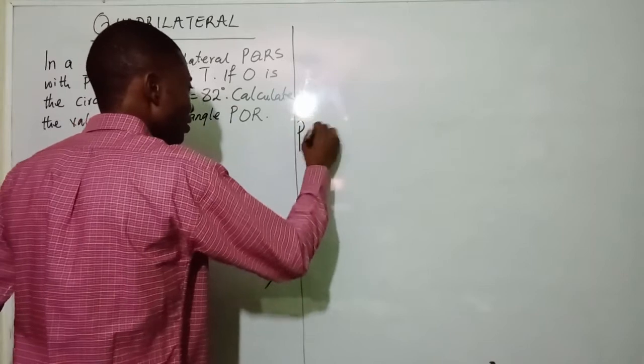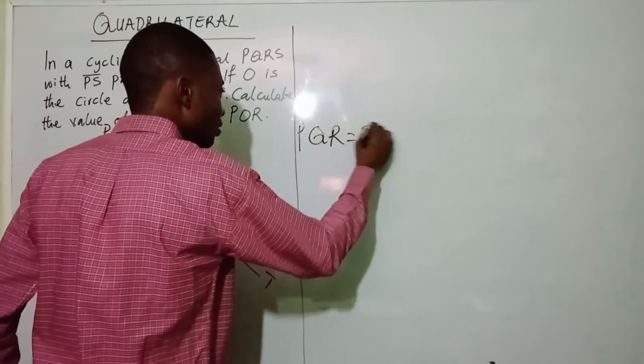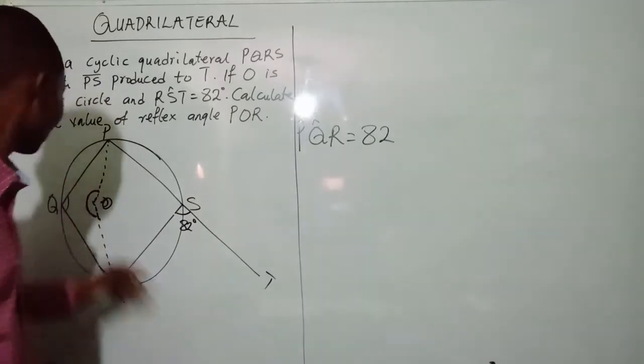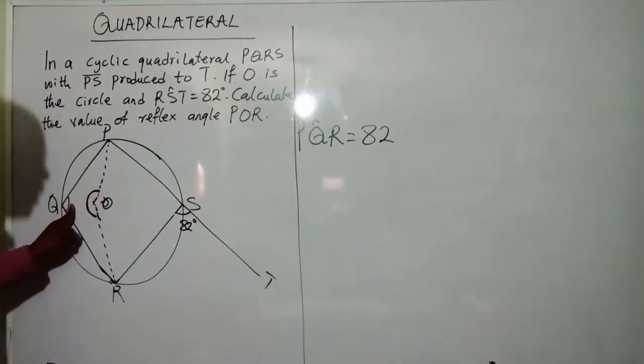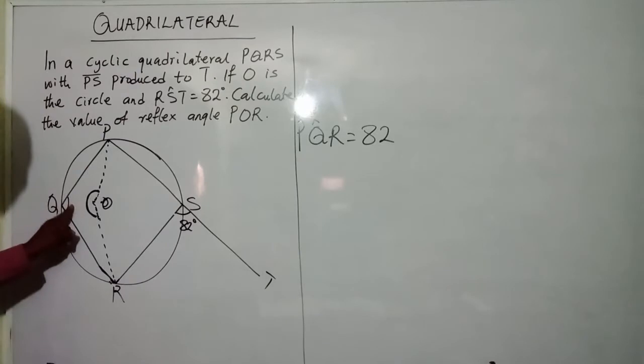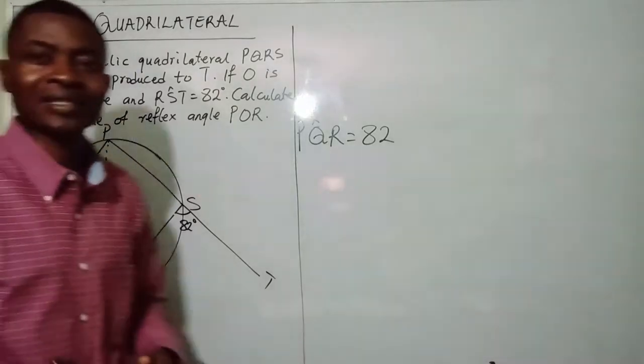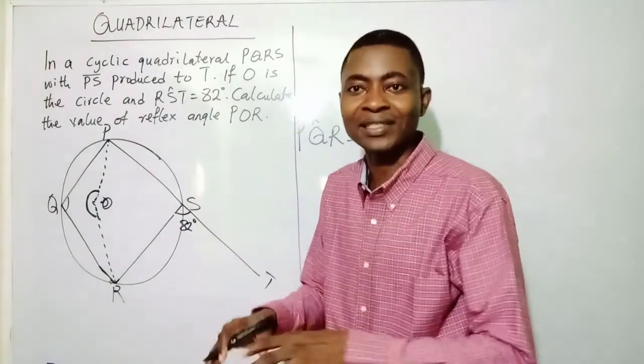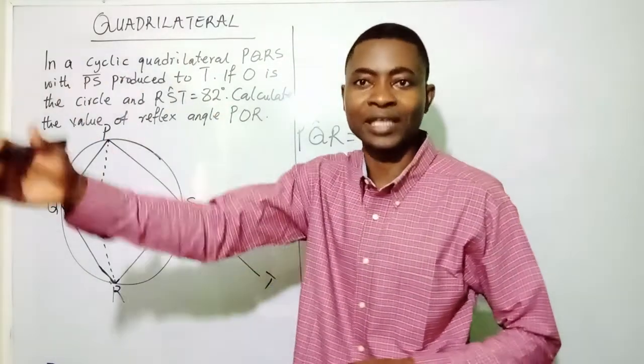So angle PQR is equal to 82 degrees. So that is it. That means this particular angle is equal to 82 degrees. Now, if this angle is equal to 82 degrees, there's another theorem that states that the angle at the center is twice the angle at the circumference.